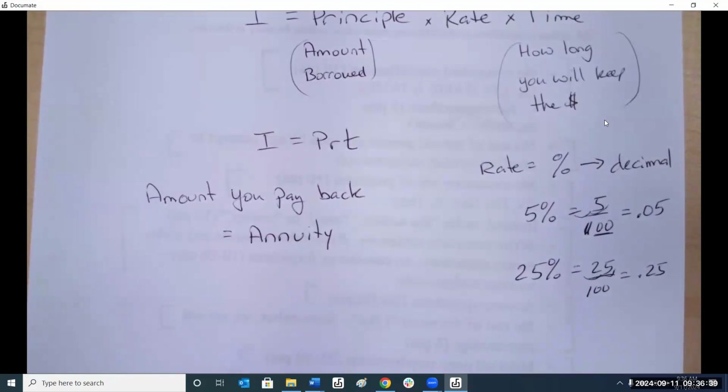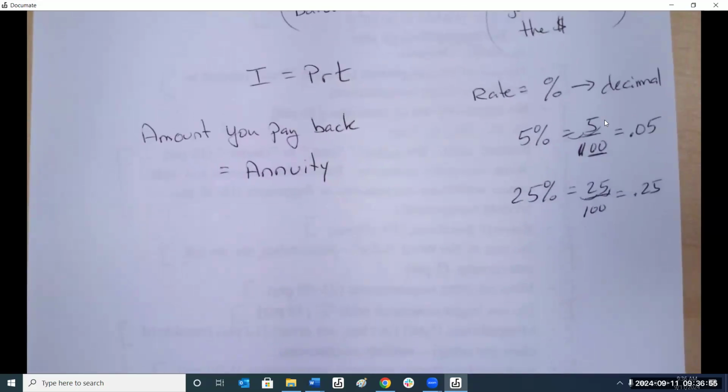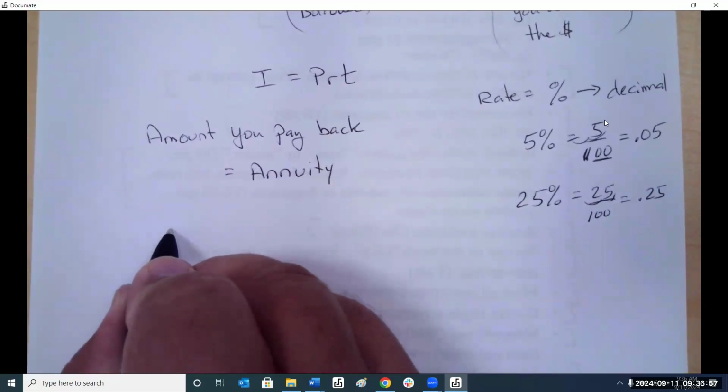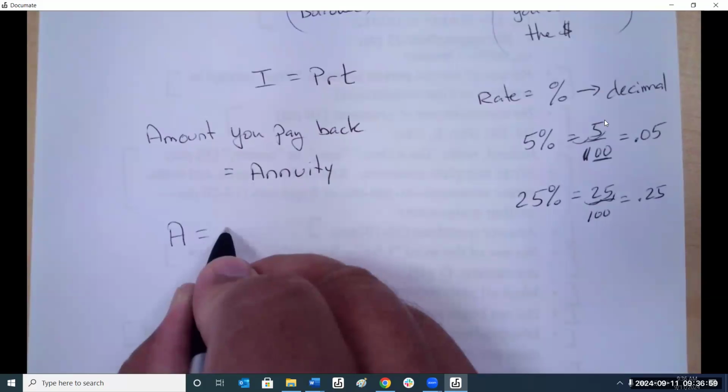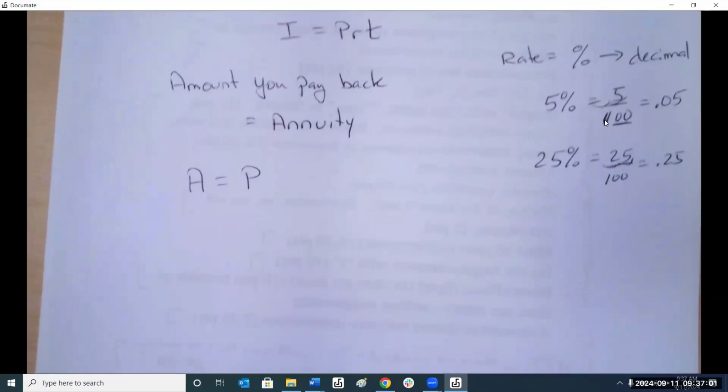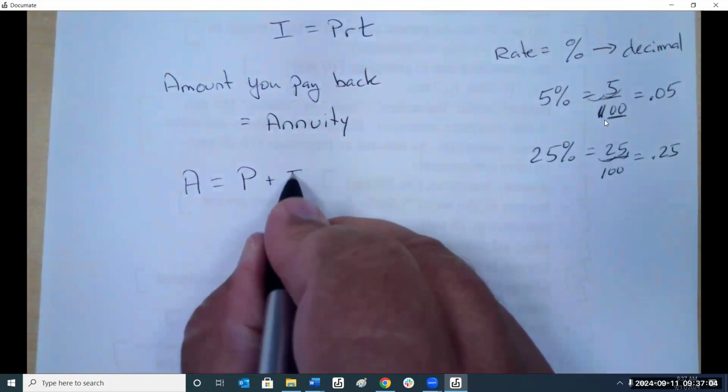The reason they call it a note is that back in the old days, when people borrowed, they used to sign IOUs. That wasn't a piece of paper, it was a note. I borrowed $100, promised to pay you back $110 by a certain time. So, in other words, the annuity is the initial principal you borrowed plus the interest.